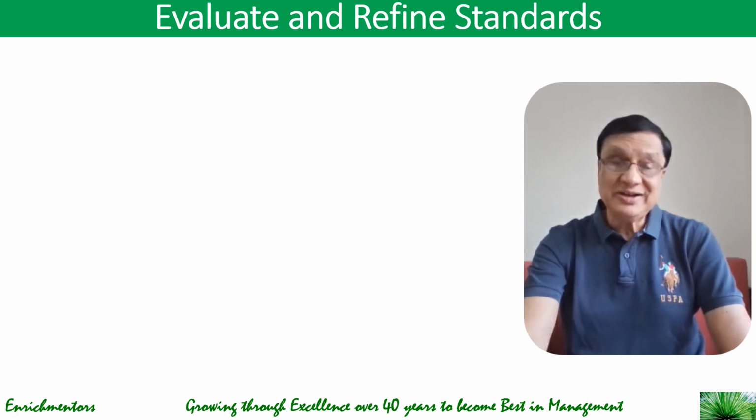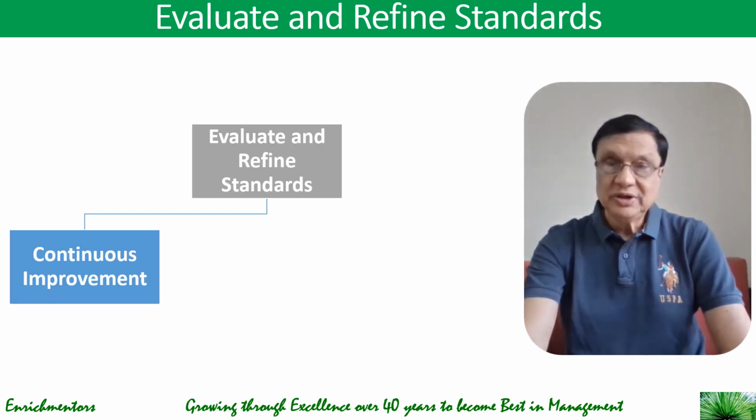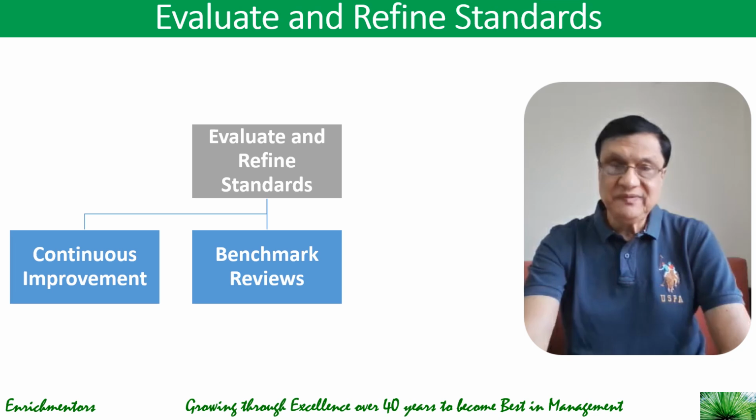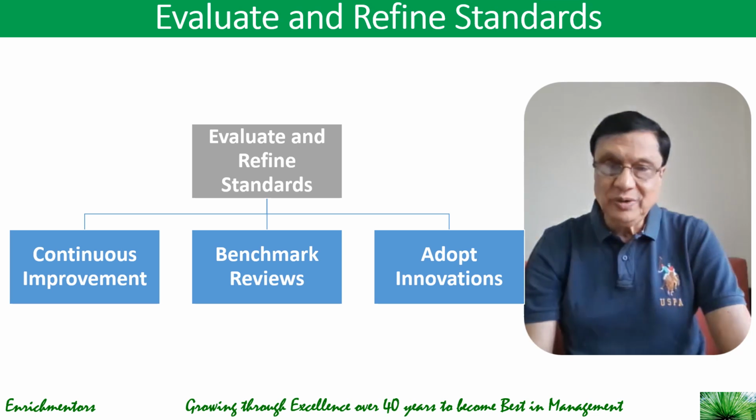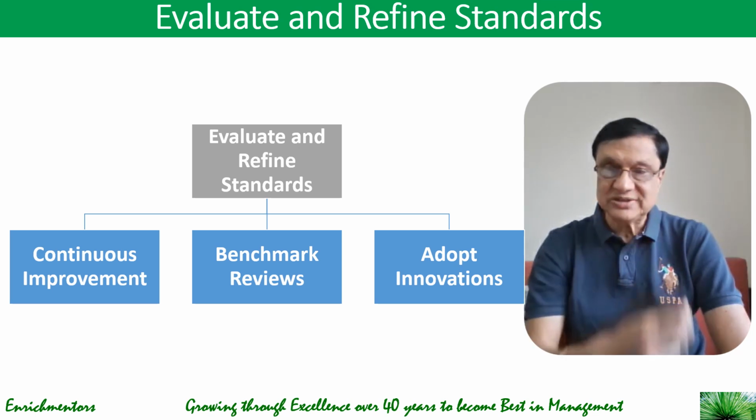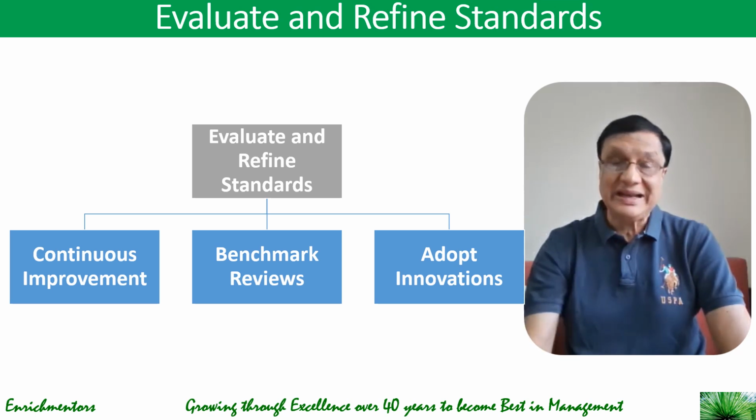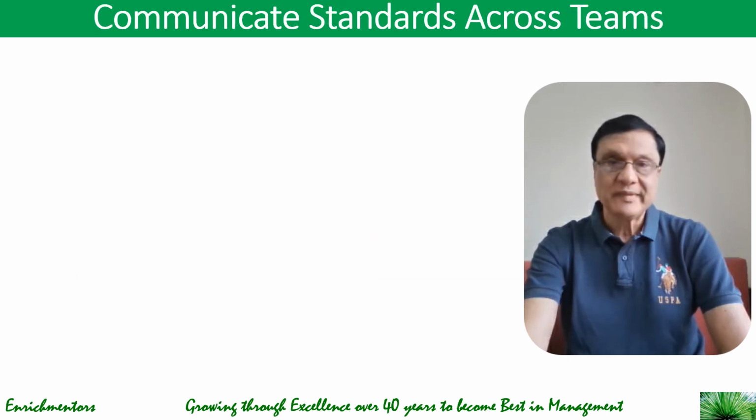Evaluate and refine standards as you go along in your projects through continuous improvement. Use lessons learned from past projects to update standards. Do benchmark reviews by periodically comparing performance against benchmarks and adjusting targets, and adopt innovation by incorporating new materials, methods, or technologies that enhance quality.